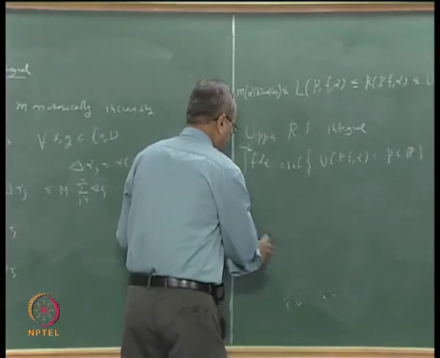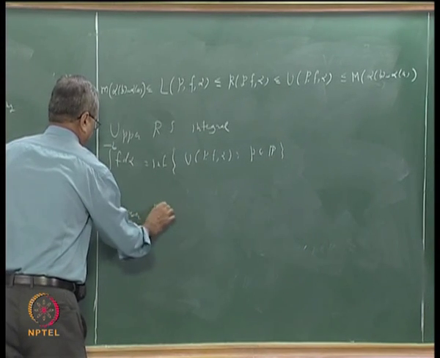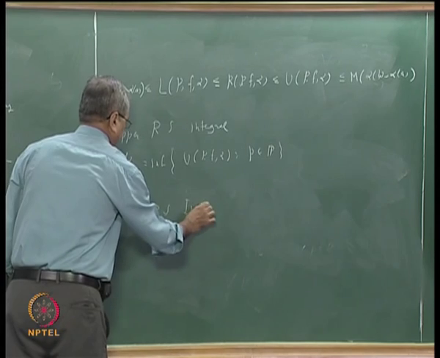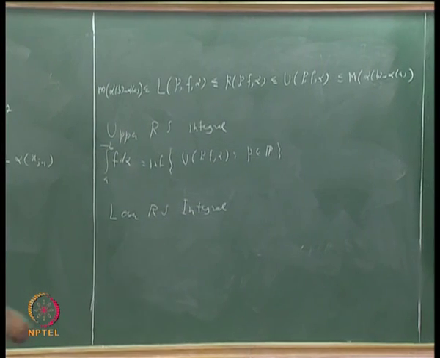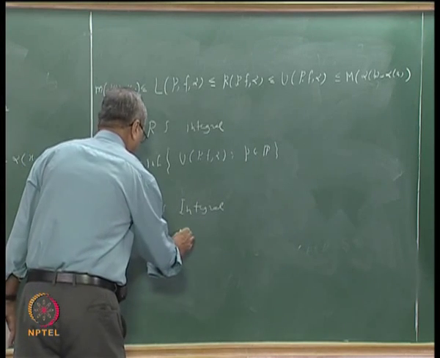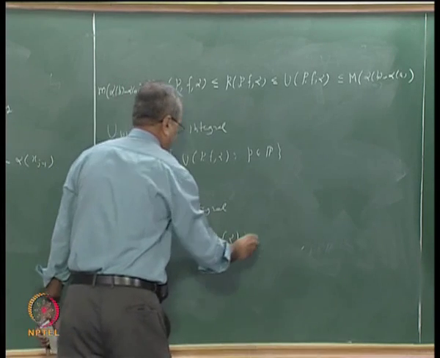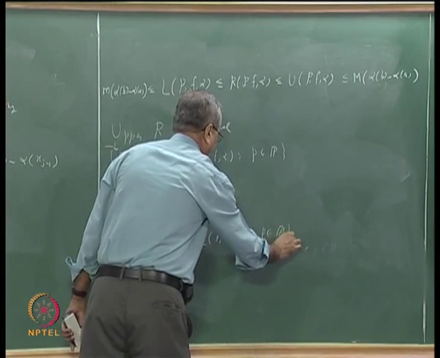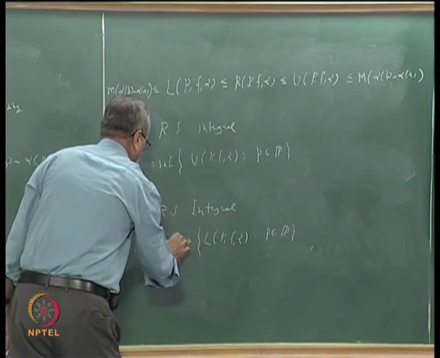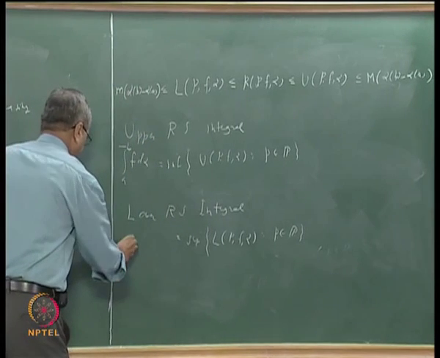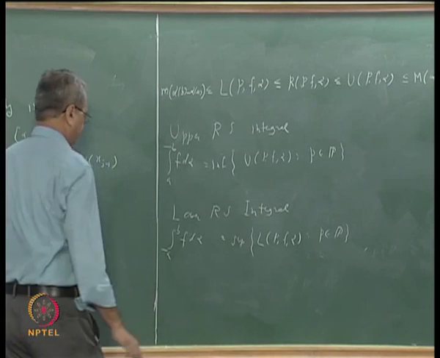And similarly we define the lower Riemann-Stieltjes integral. This time we take the lower sums L(P, f, alpha), P belonging to script P, and the supremum of this is the lower Riemann-Stieltjes integral, that is integral a to b f d alpha with a bar below this integral sign. Okay.